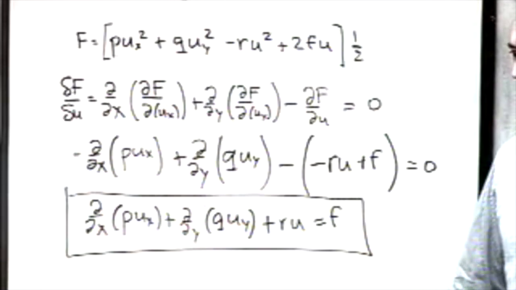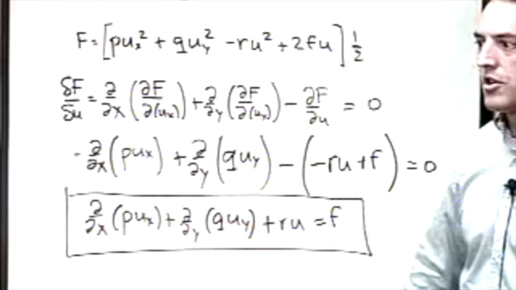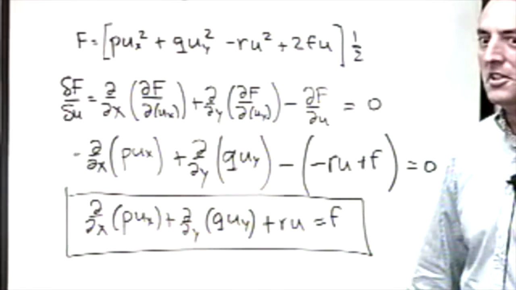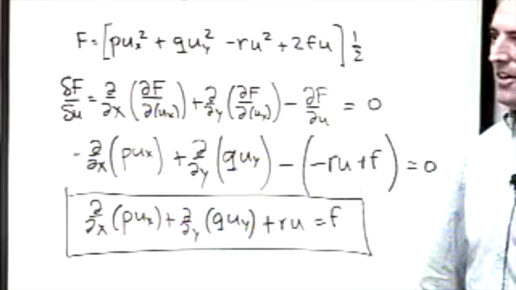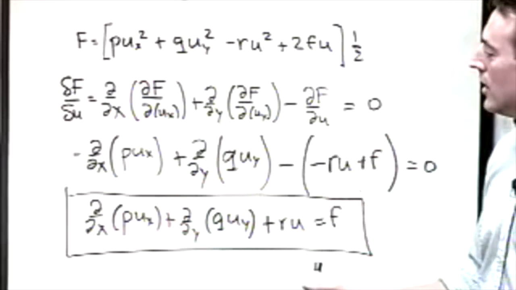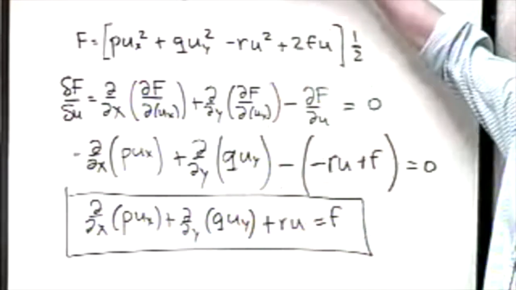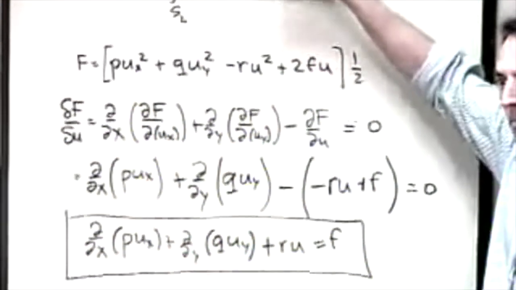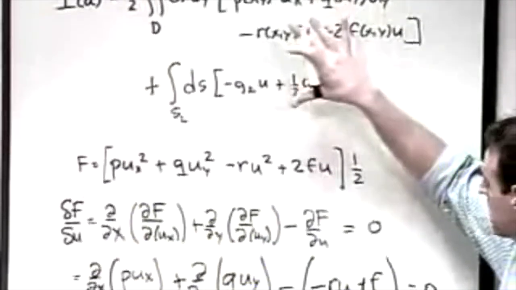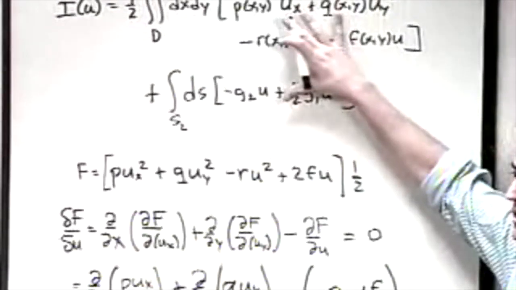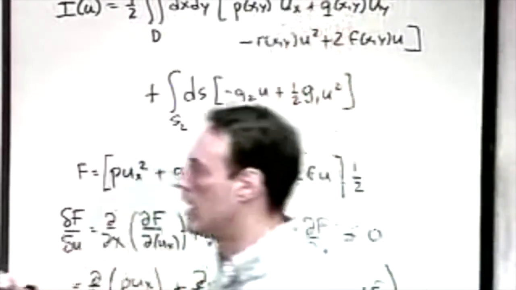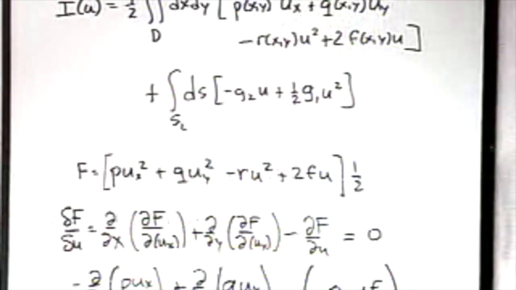Okay? So, isn't that the equation I started with? Indeed, it is. Okay? So it's nice. So this then tells you that when I minimize this function, minimizing this big old mess right here gives me back my governing equations. Okay?